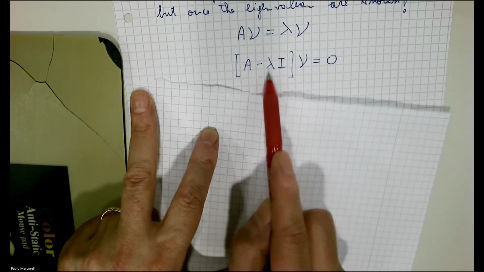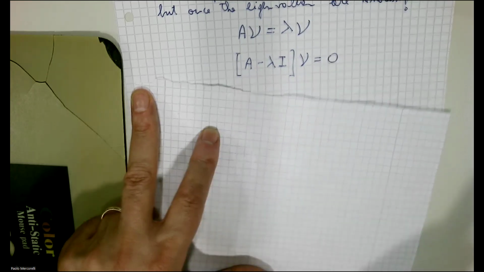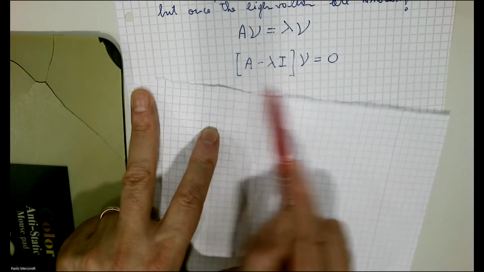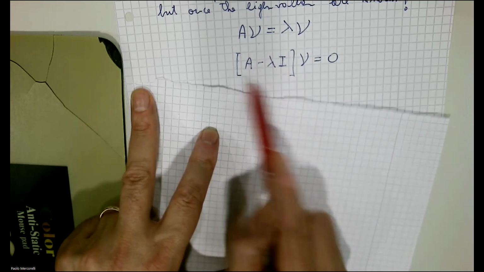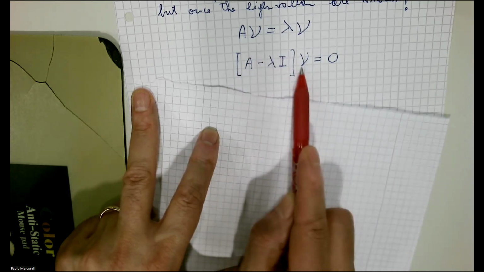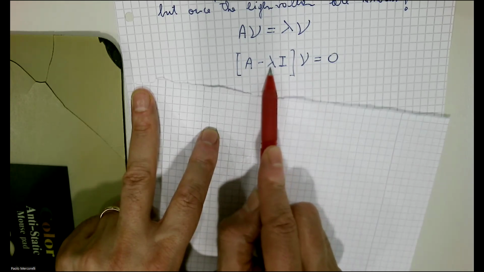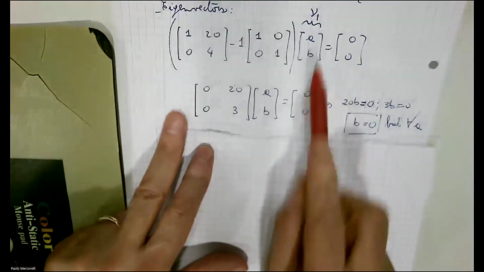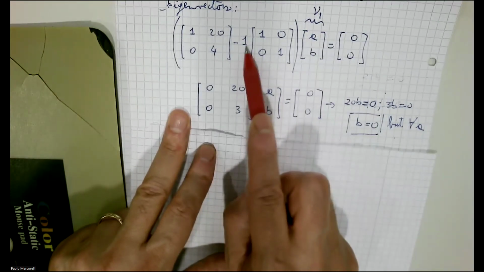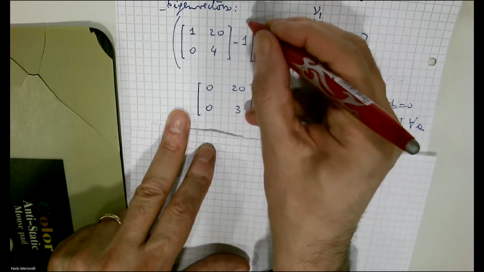You can write also lambda I minus A as you want. It doesn't change the null. We have also seen during the semester. I am looking for V, corresponding to lambda 1 in our case. Therefore, I put here V1, because here I have a lambda 1. If you want, I can write.